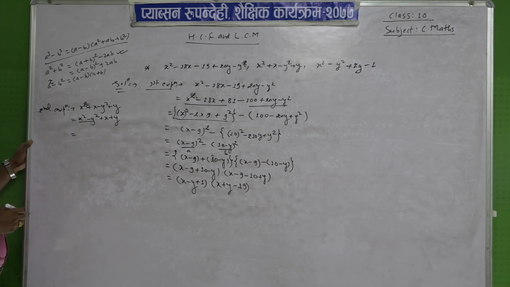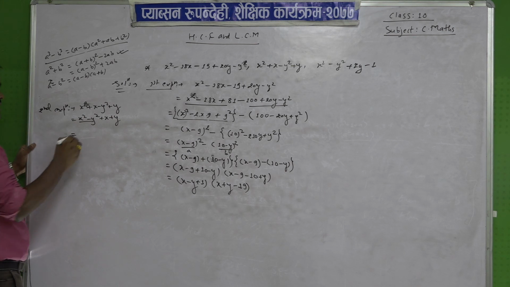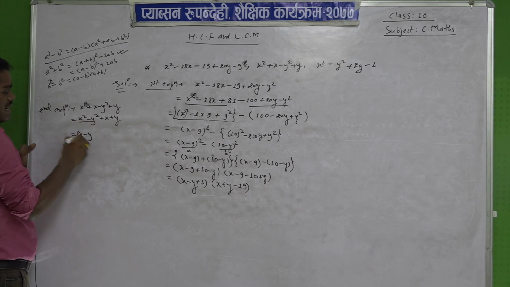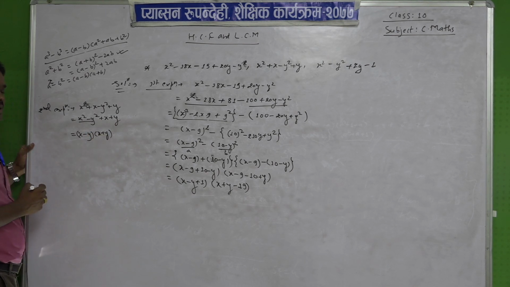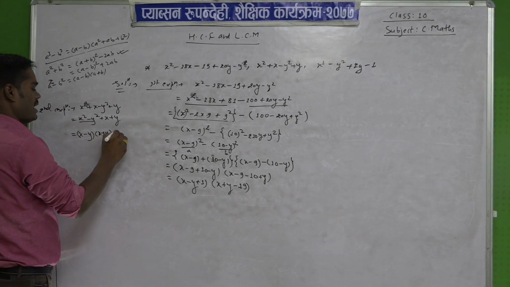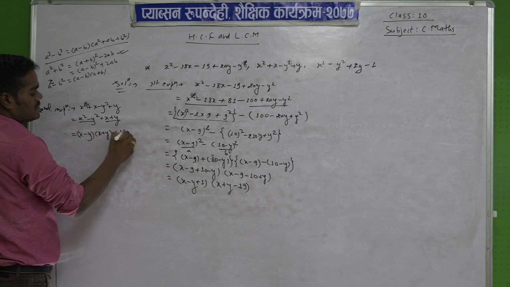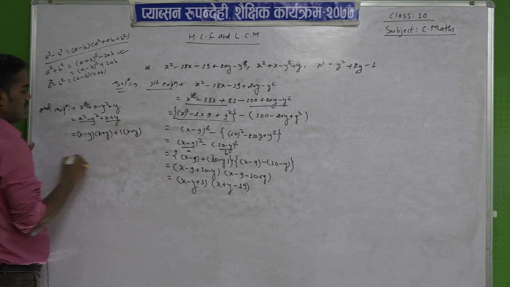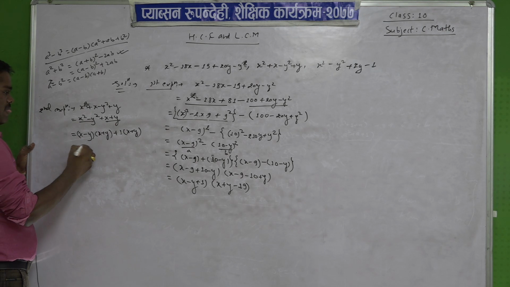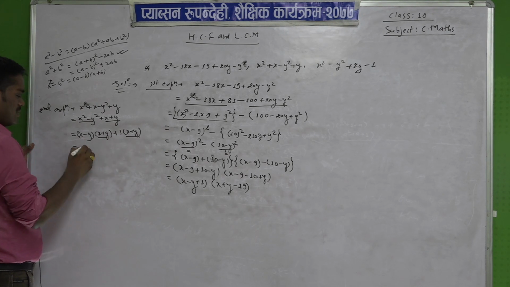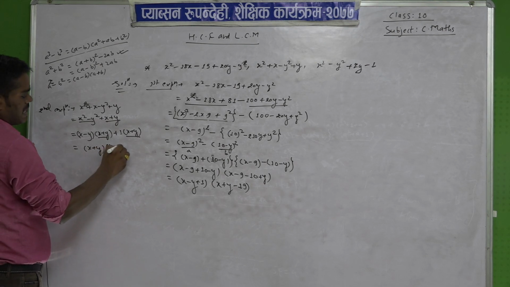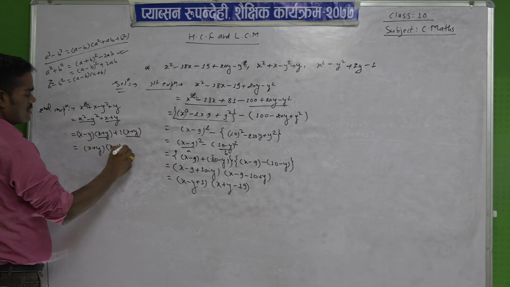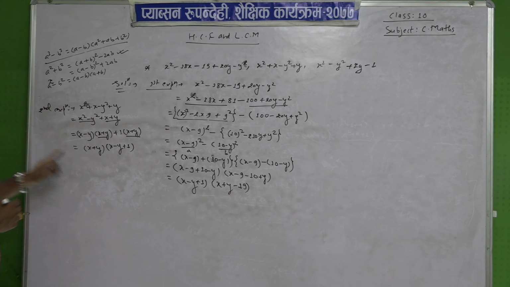Here you can use the formula a square minus b square. So x minus y means a minus b, x plus y means a plus b, and what is common in both? 1 is common. So x plus y is the common factor, and what is left? x minus y is here, and here plus 1. This is the factor of the second expression.